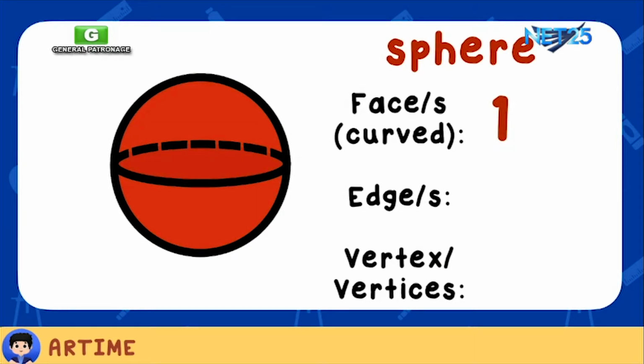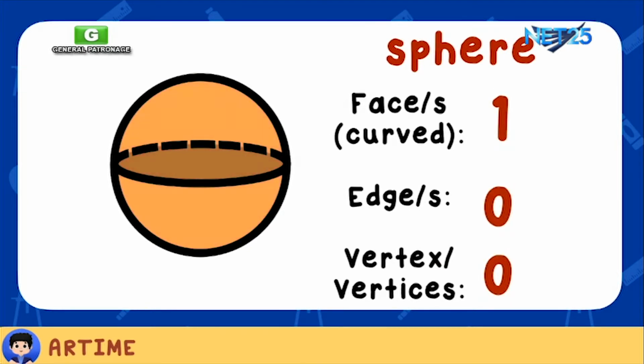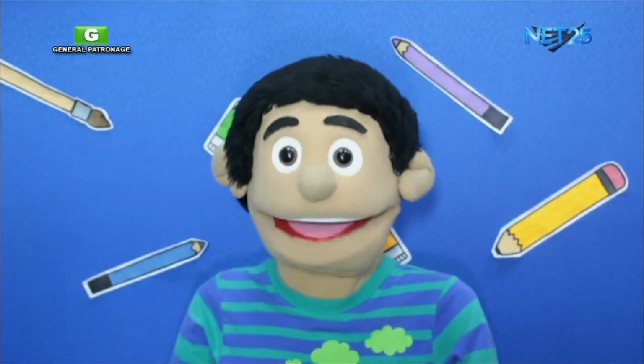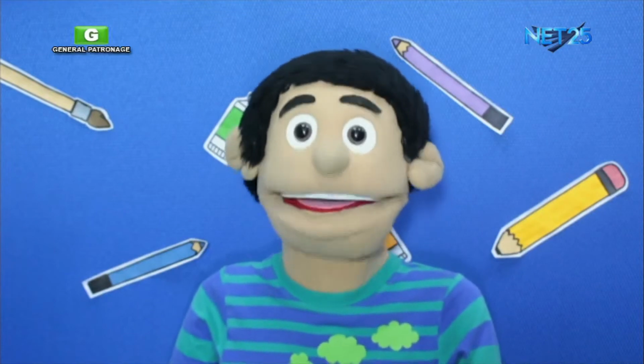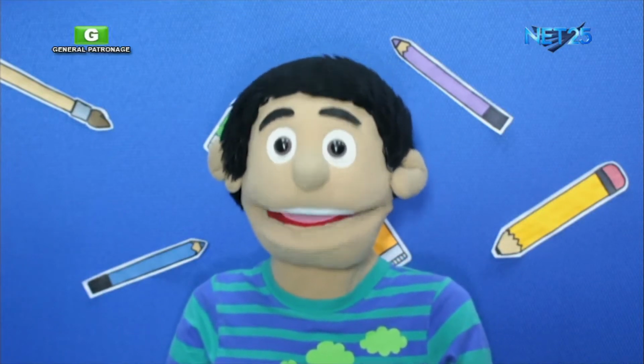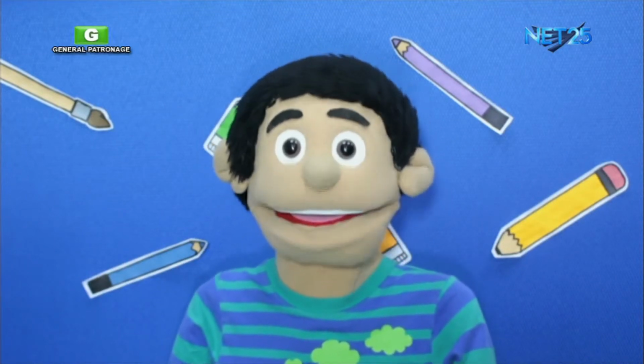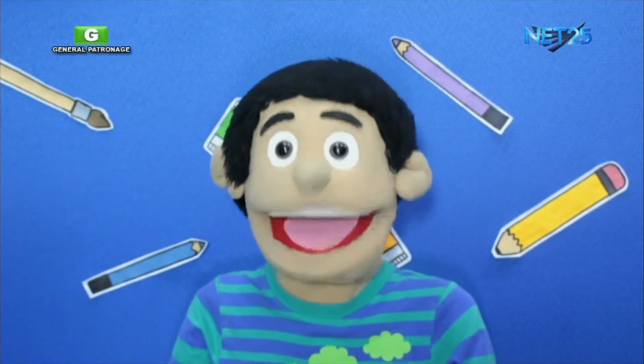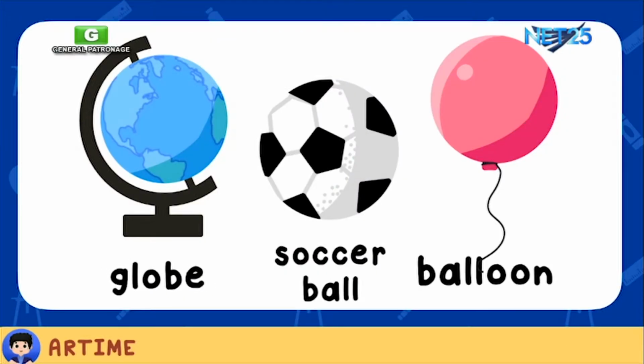And let's look closely. It has no edge or vertex. Whoa, that's interesting. Aside from a basketball, here are other sphere-shaped objects. A globe, a soccer ball, a balloon.